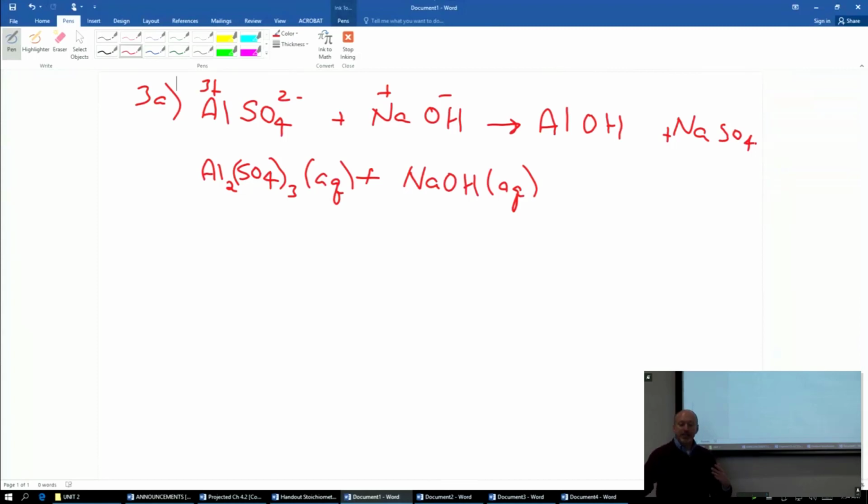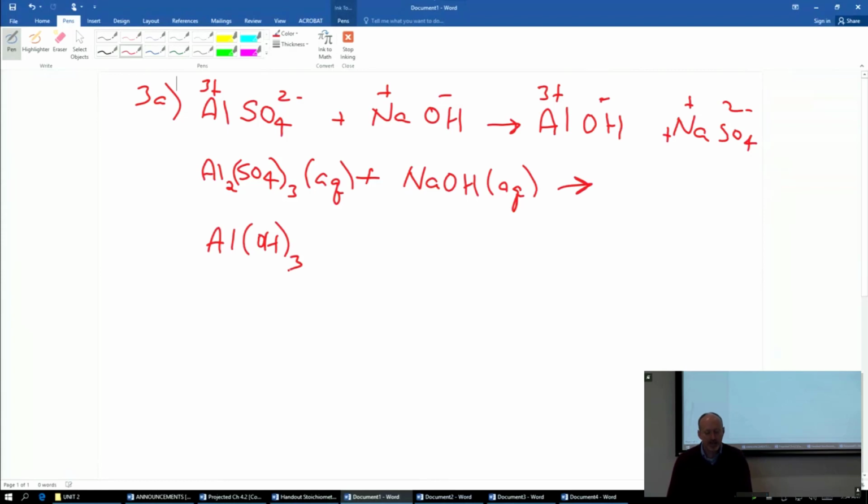Now, again, I need to balance everything electrically. Aluminum is still 3+. That hasn't changed. Hydroxide is still -1. That hasn't changed. Sodium is still +1. That hasn't changed. Sulfate is still 2-. And now I'm going to interchange charges and subscripts to create my product set. And so my product on the aluminum side is going to be Al(OH)3 in order to give me balance.